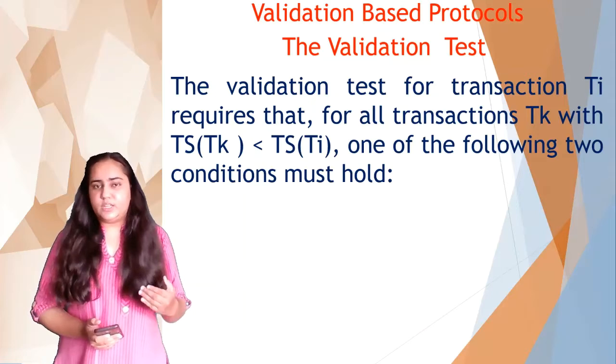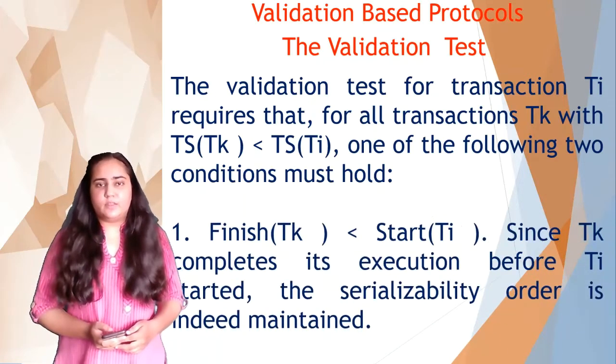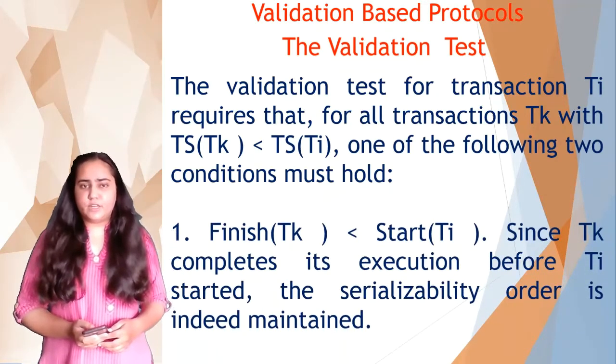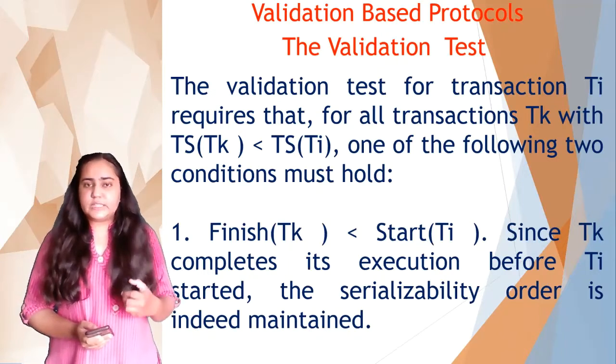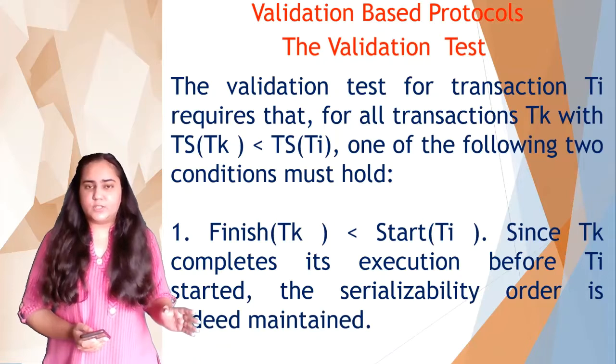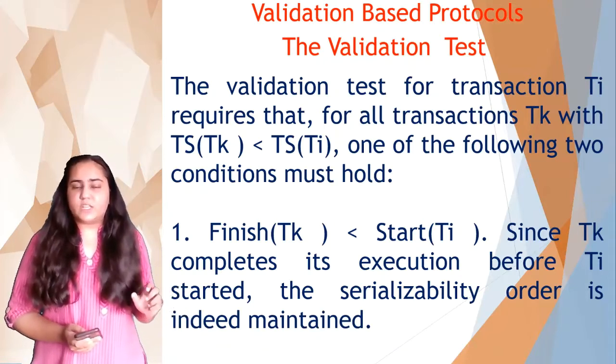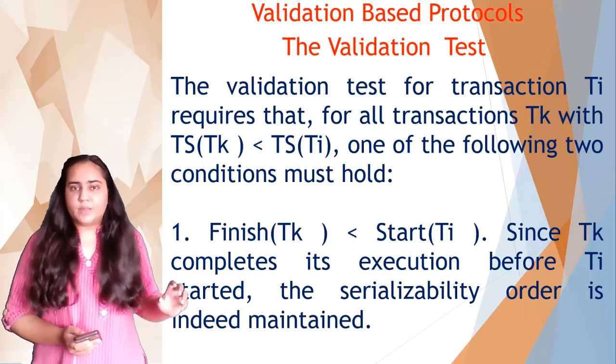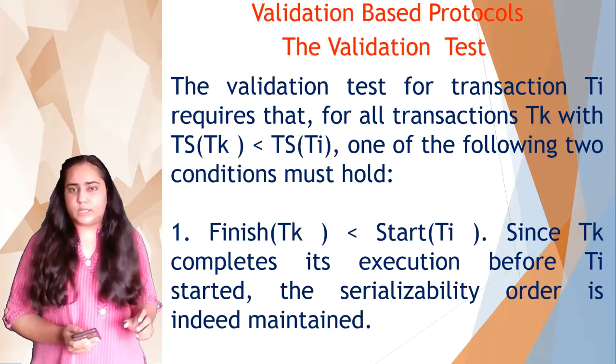For that, we need to check two conditions. The first condition is that finish TK, the finish time of all the transactions which have arrived in the system before TI, must be less than start TI.